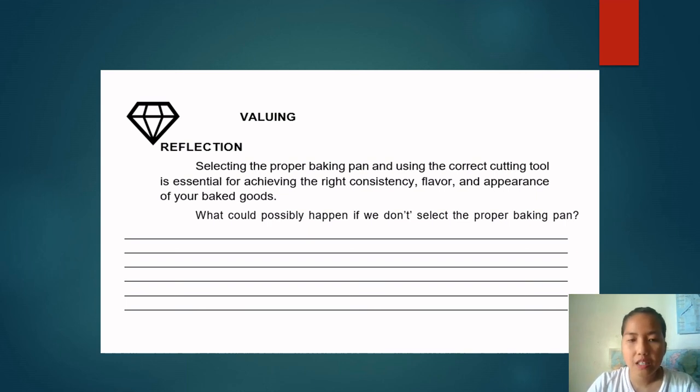Selecting the proper baking pan and using the correct cutting tool is essential for achieving the right consistency. What could possibly happen if we do not select the proper baking pan? For example, you are going to bake macaron, but you are not using the macaron molder. What could possibly happen?